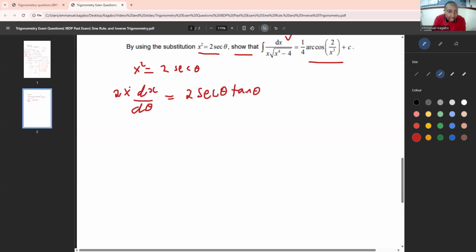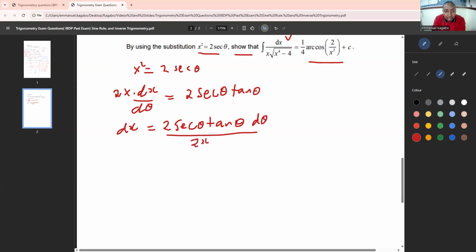So dx equals 2 sec theta tan theta d theta over 2x, since I multiplied d theta to the other side.